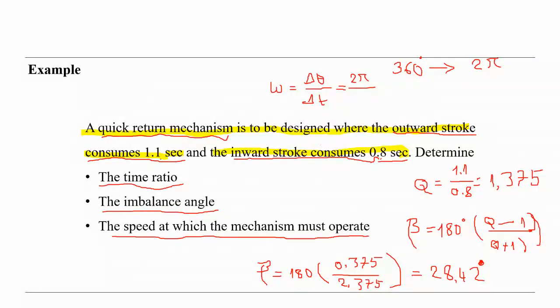And the time is 1.9 seconds, because we have to take the time for the outward stroke and the time for the inward stroke. So the total time used for these 2 pi. So let's calculate 2 pi over 1.9.